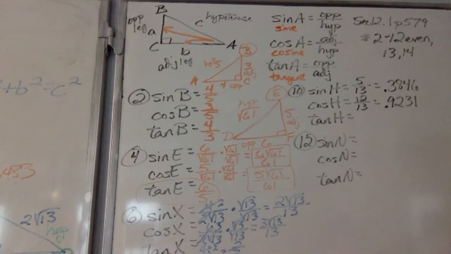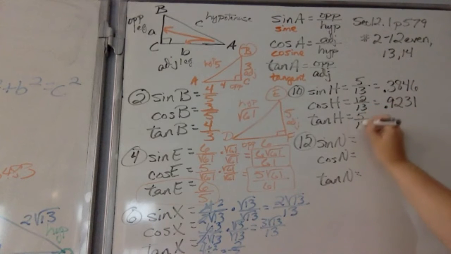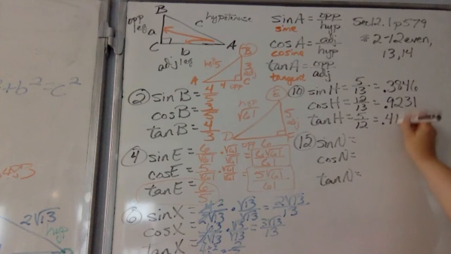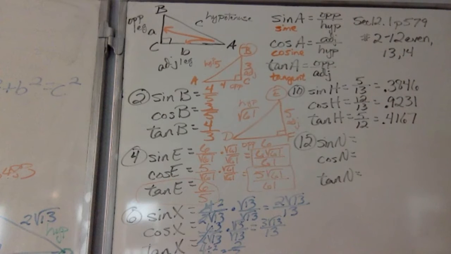And then for the tangent of h, it's opposite over adjacent. So that's the 5 over the 12. Again, you get a repeating decimal. It's 416 repeating. Just the 6 repeats on the end. So it's 0.416. And then the last one's going to have to round up to a 7.